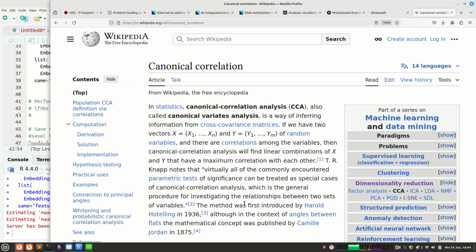Let me try to do this. So this is a cell by gene matrix, and this here is a gene vector. It gives weights to each gene, and in this way makes a linear combination of genes. So each cell is now described as a weighted sum of the genes with the weights given here.